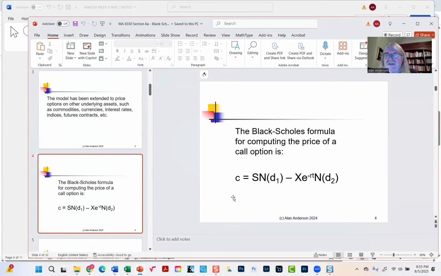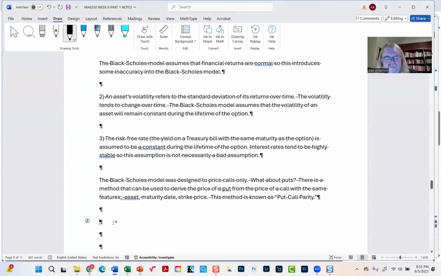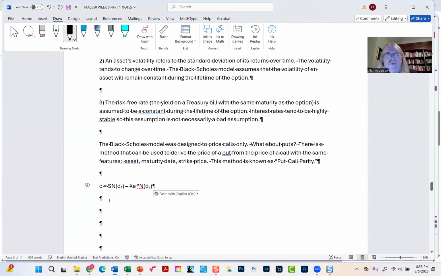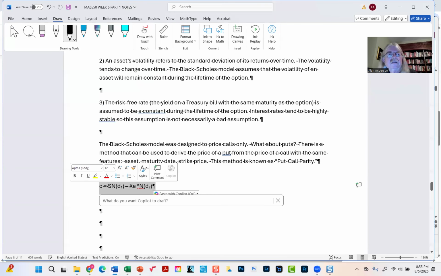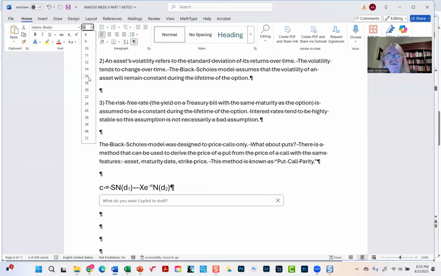Now, this is the basic formula. So let's take a look at it. It doesn't look too complicated, but if you could see their paper, this equation ultimately comes from a result in physics. So they had to be very familiar, Merton at least was very familiar with the mathematics of physics.